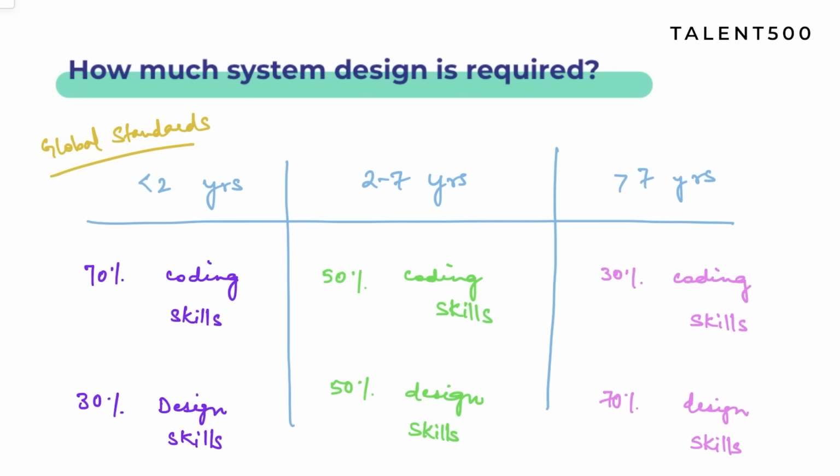Now when you focus on 2 to 7 years of experience, why is it going to be 50-50? I would like to mention one good point here: you should not focus on one specific technology. No good company will ask you what is Express, what is Spring Boot.